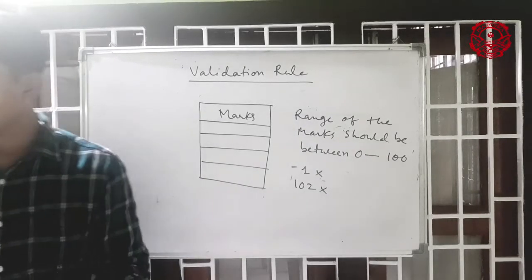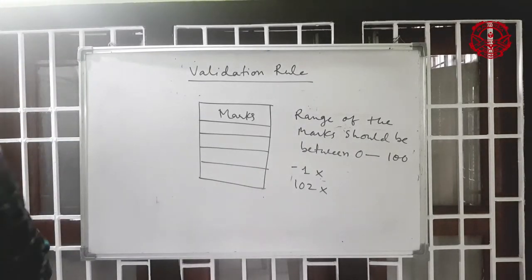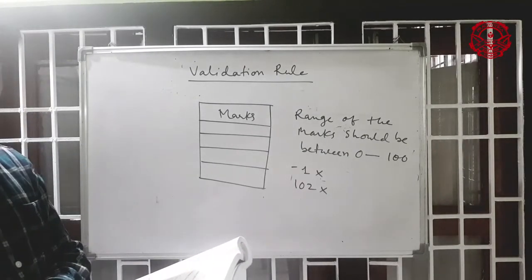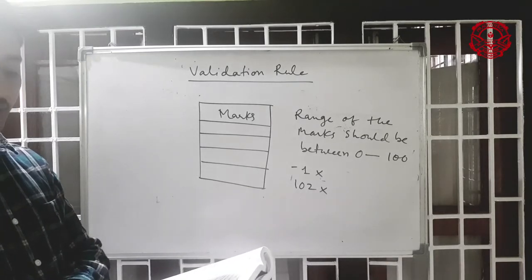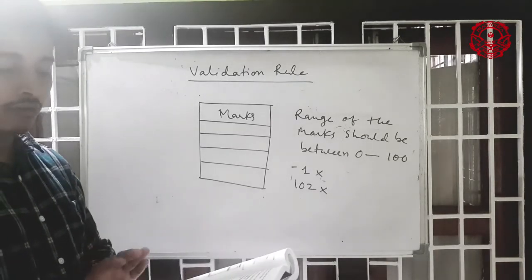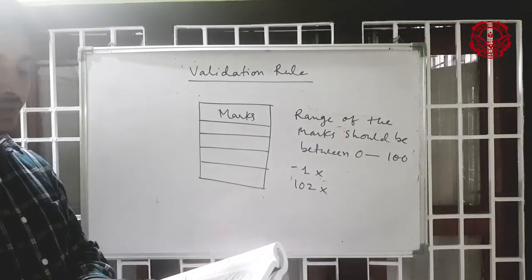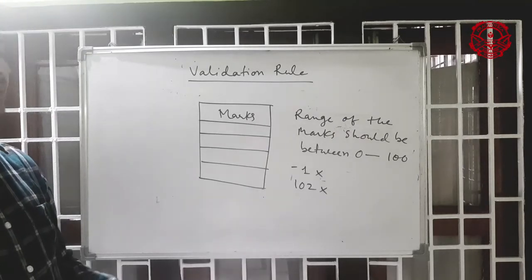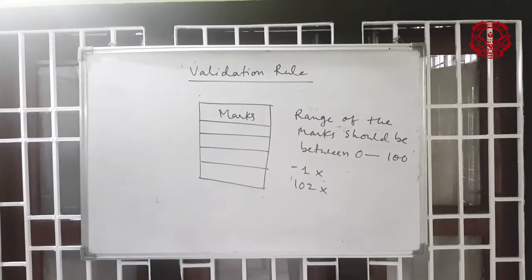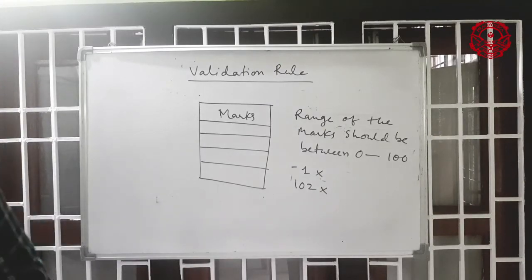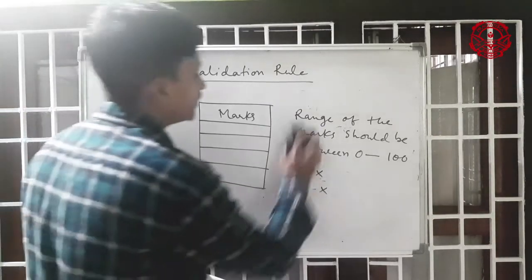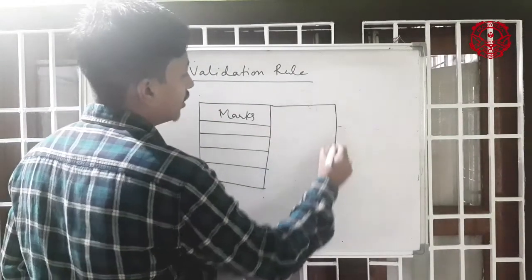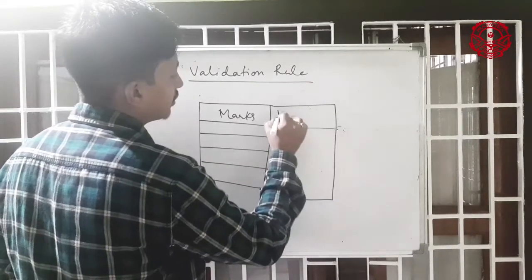Now see, in the books, you can see there are two types of validation rules. First one is field validation rules. You can use a validation rule to specify a criteria that all field values must satisfy. For example, the total marks should be less than or equal to 500. Means there is another field, total marks.